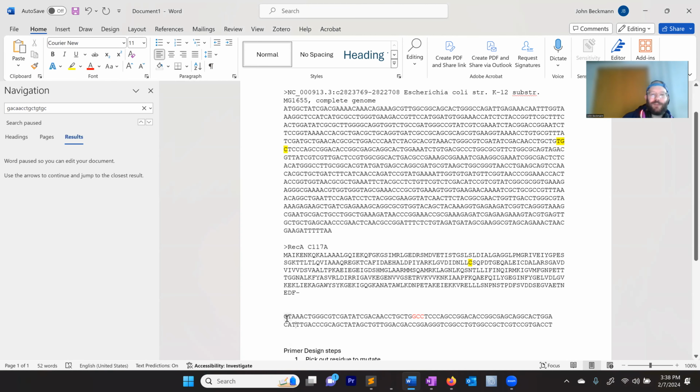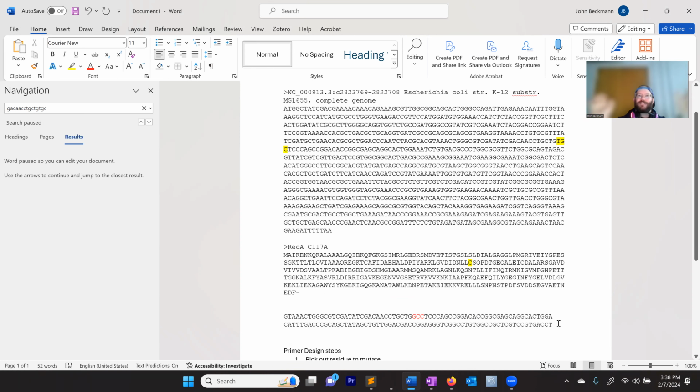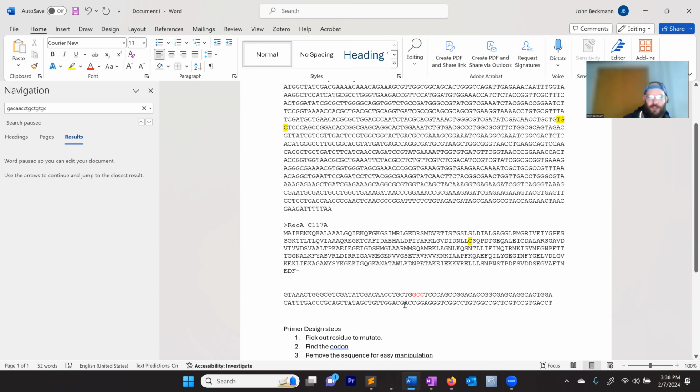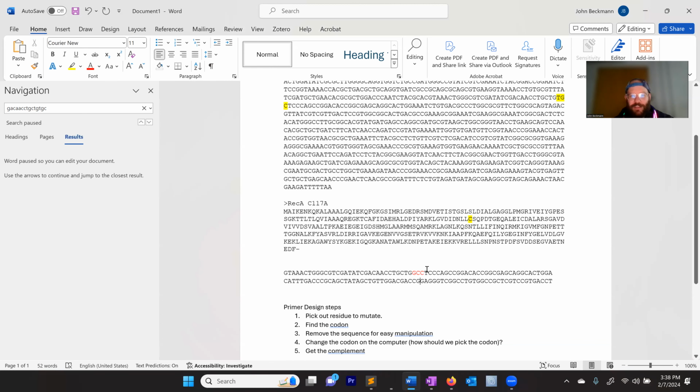So now you see that the complement perfectly lines up with the other strand. Does that make sense? So this G is binding to this C, this T is binding to that A, this A is binding to that T. If it's any other font, the spacing of the letters is not uniform. That's the characteristic of Courier New. So when you're working with DNA, you want to use this font. Okay, so now we have the complement.